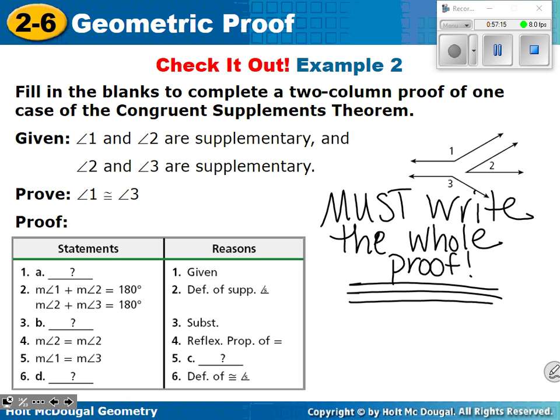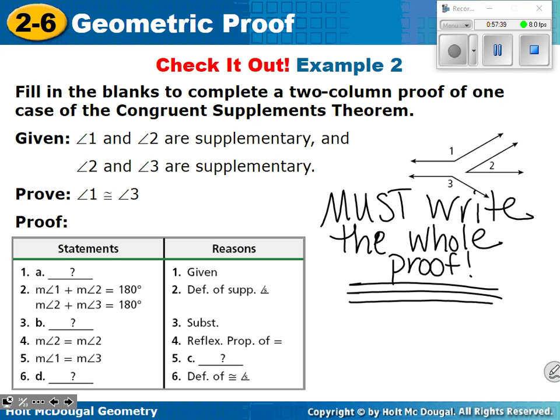Number 2 they give you, but we're going to write it down and make sure we understand how they got it, because we're trying to learn through this fill in the blank process. So number 2, they said, if I know this, then that means the measure of angle 1 plus the measure of angle 2 is 180. And if I know this, the measure of angle 2 plus the measure of angle 3 is 180.